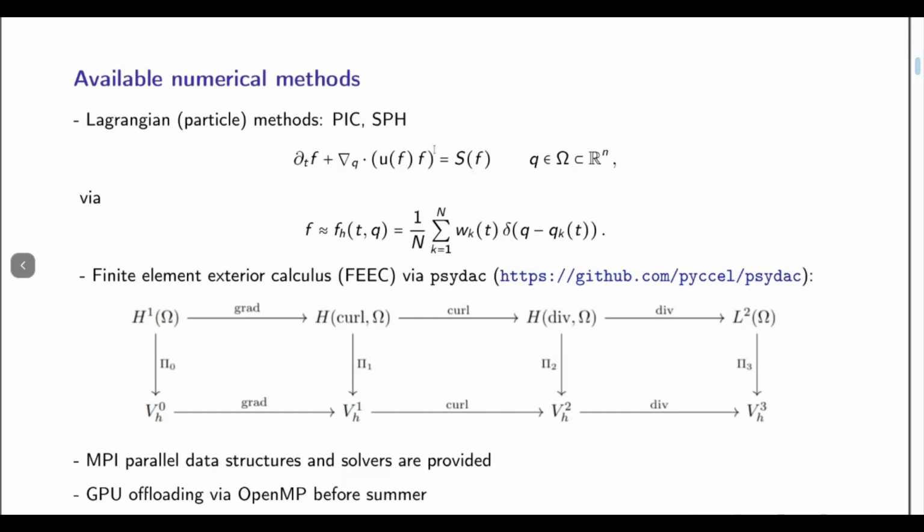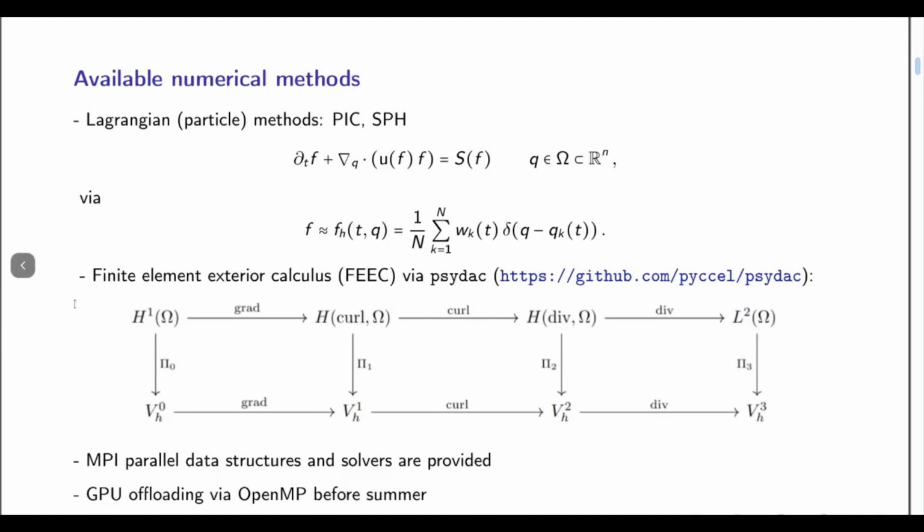We can solve these kinds of equations with our particle methods in arbitrary dimensions, and also in curvilinear coordinates. The way you do this is by making the classical particle ansatz for your solution f. So if you have a density f, you discretize it as a sum of Dirac measures.